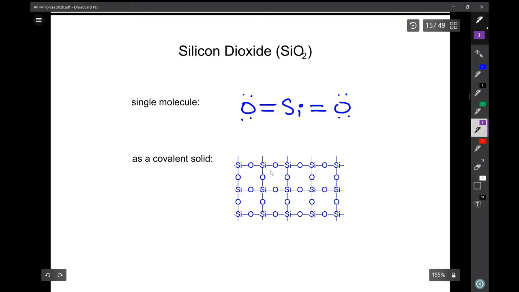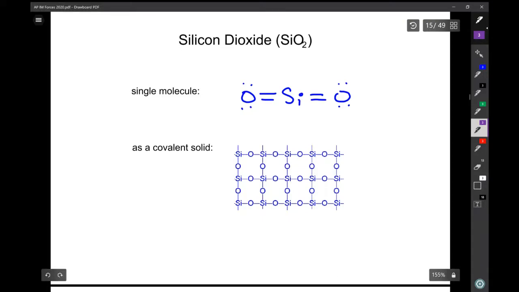So you have something like this. All right, so as a covalent solid, this is your silicon dioxide. If you see anything like this, where it's a nice repeating structure with all covalent bonds, typically silicon based, typically carbon based, it's a network solid. So those are your network solids.